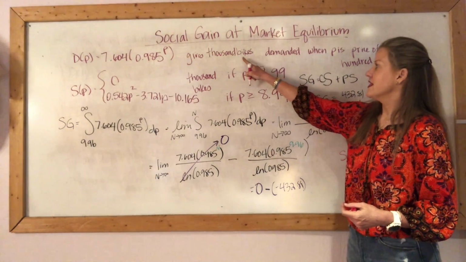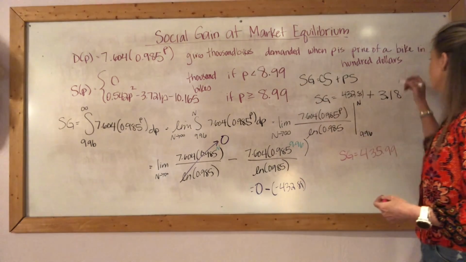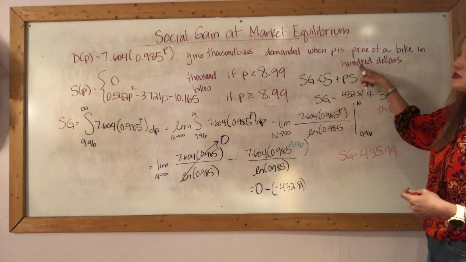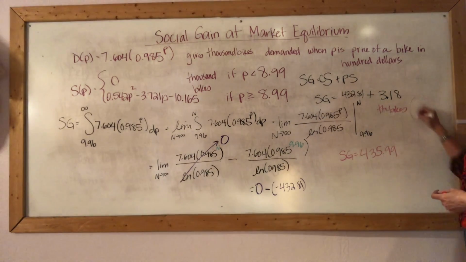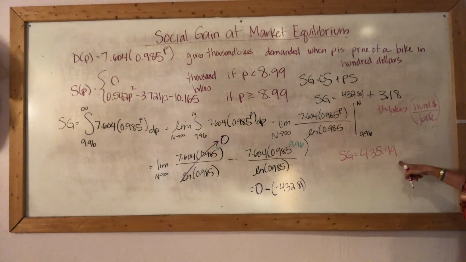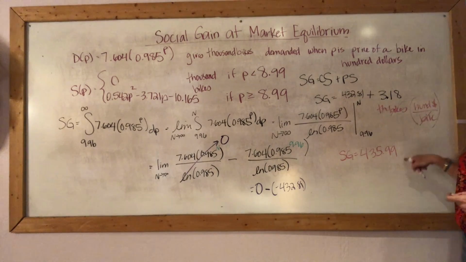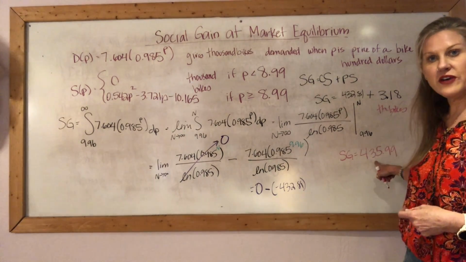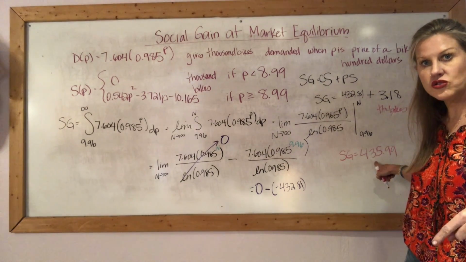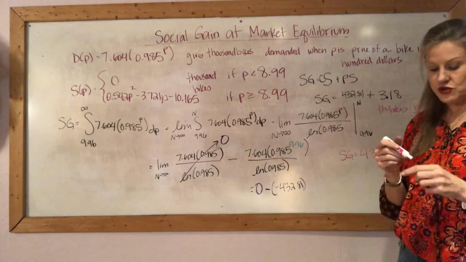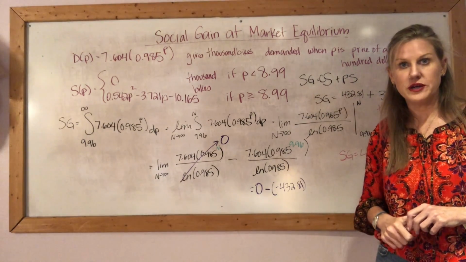I have 1,000 bikes times $100 per bike. So my units are going to be $100,000. 435.99 $100,000 is the social gain at market equilibrium.